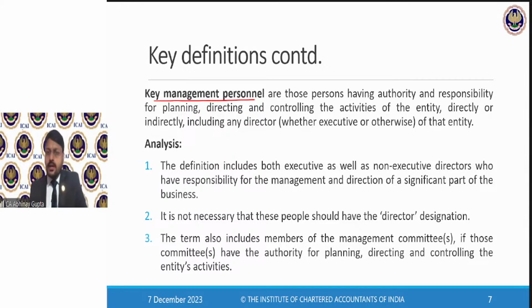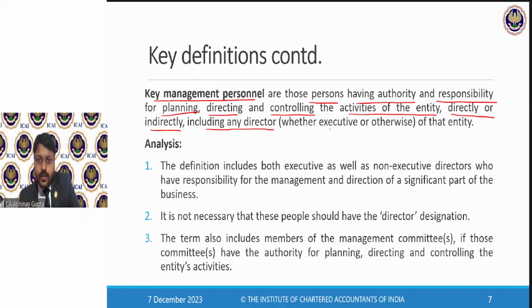Now key management personnel are those persons having authority and responsibility for planning, directing, and controlling the activities of the entity directly or indirectly, including any director, whether executive or otherwise, of that entity.